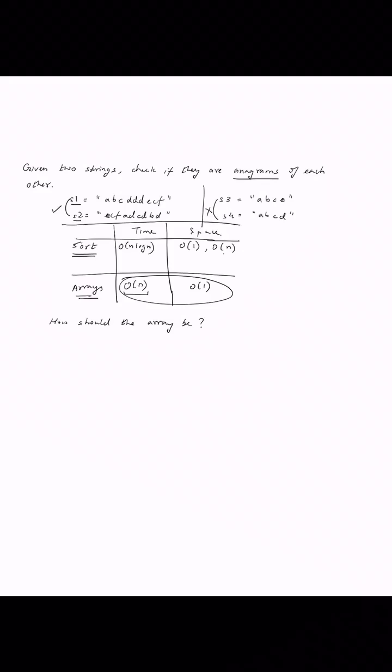Now, going back to this question, how big should the array be? It depends on the character set. If you think it's all lowercase English alphabets, then you can get away with an array size of 26.